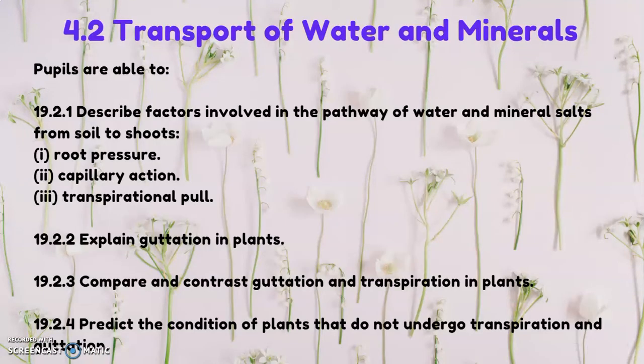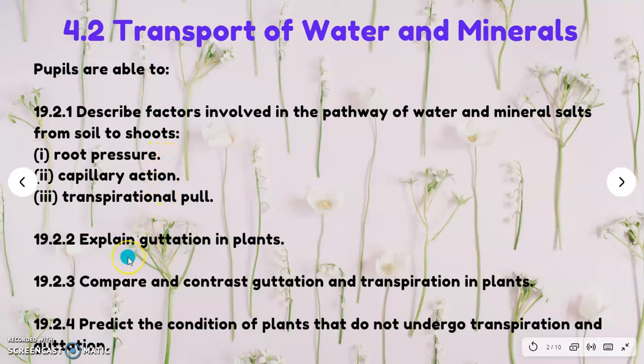Number 1, describe the factors involved in the pathway of water and mineral salts from soil to the shoots. It involves root pressure, capillary action, and transpirational pull. We are going to discuss these 3 factors later.